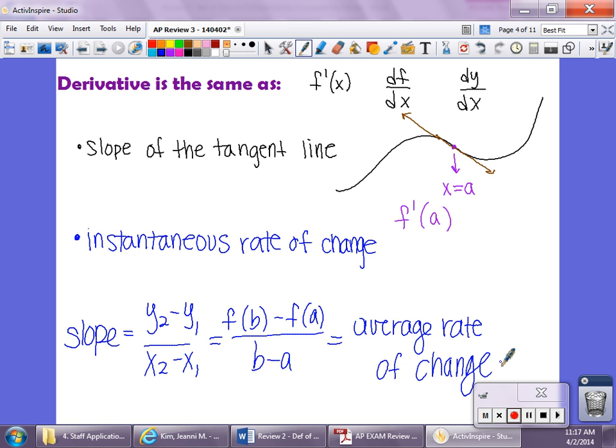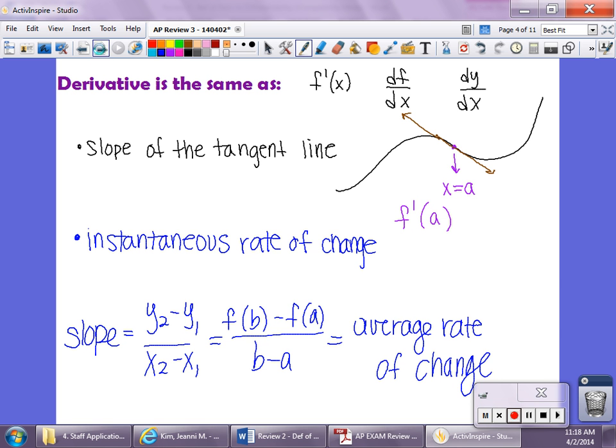And then you heard me say instantaneous is the slope at 1 point, average is the slope between 2 points. Okay, so that's just vocab. You have to know your vocab in case they ask it that way. They may ask you for the average rate of change. They may ask you for the instantaneous rate of change. Travis, pay attention. Make sure you know which one is which.